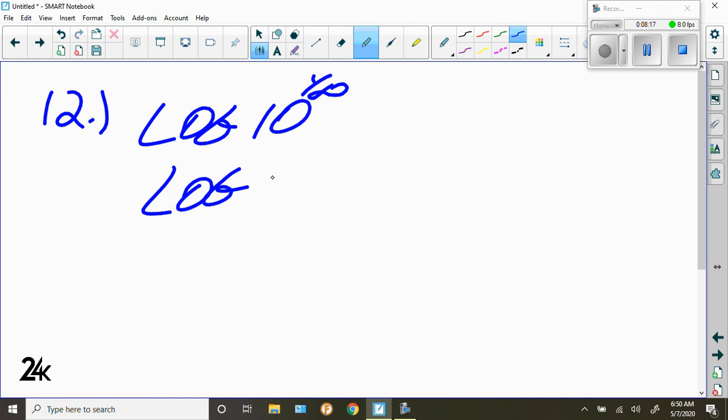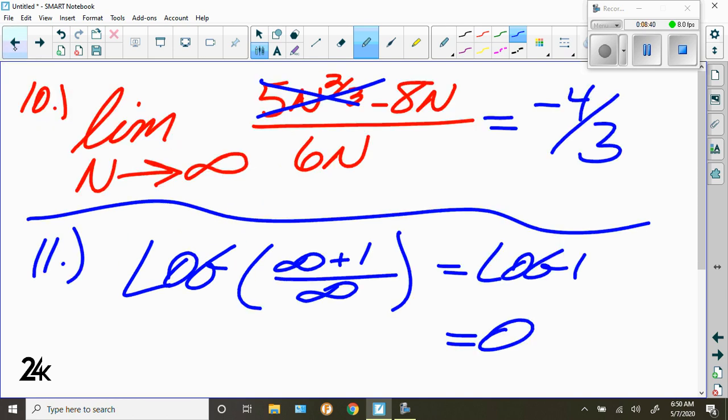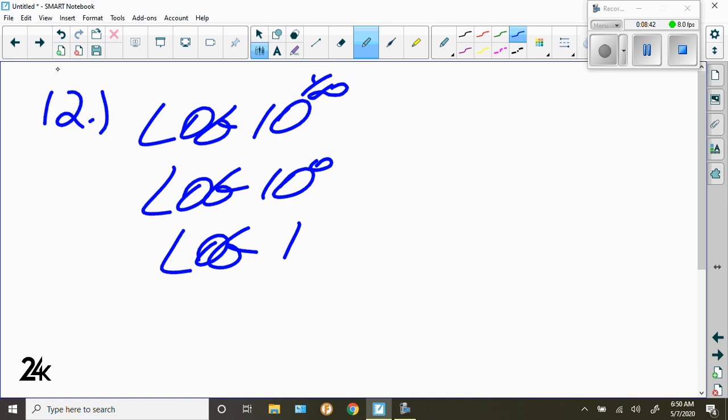Am I reading that right? Yeah, I think I am. My glasses, I left them. It's like on Scooby-Doo, where are my glasses? All right, so that would be 10 to the 0. So that would be what is the log of 1? And didn't we just do that one? Well, how about that? It's the same answer.